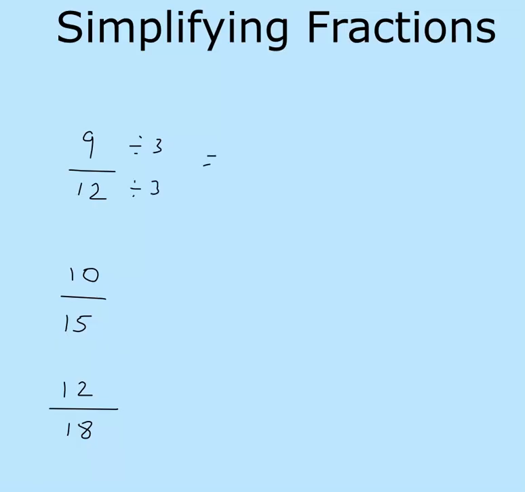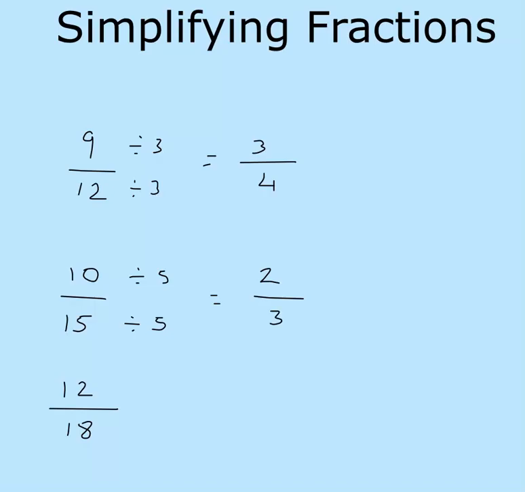So 9 divided by 3 would be 3, and 12 divided by 3 would be 4. 10 over 15, we can find the highest factor out of those would be 5, so we can divide top and bottom with 5. 10 divided by 5 is 2. 15 divided by 5 is 3.